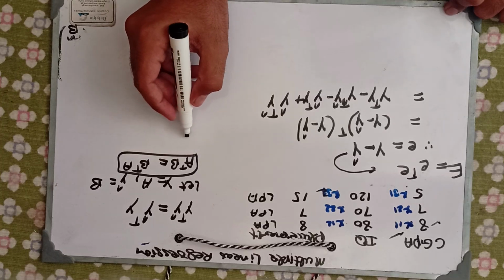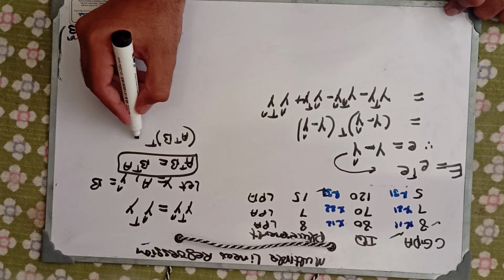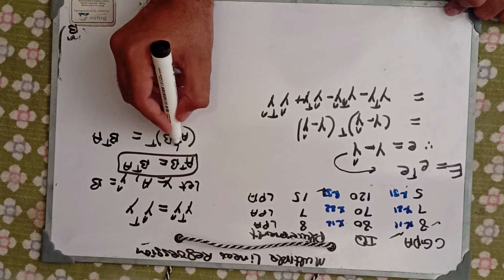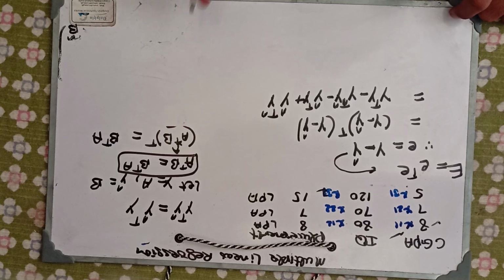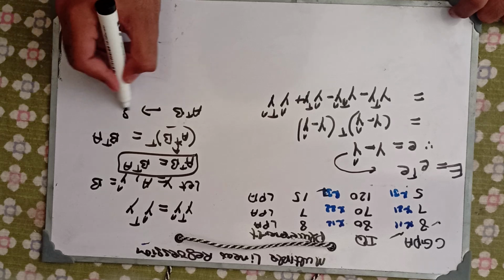So if I write (a transpose b) whole transpose, it equals b transpose a. We need to find this kind of relationship, right? This is only true if a transpose b is symmetric.